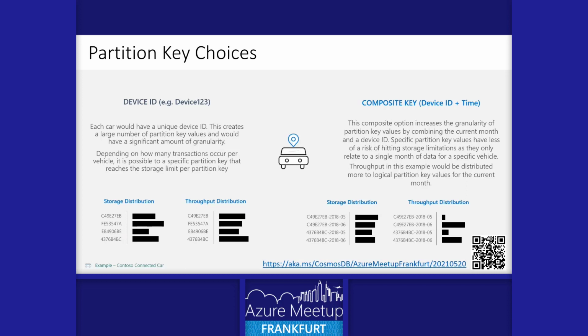But even though there is skewness, the number of logical partitions with high throughput is still very high. It means when you build the hash codes of all those logical partitions and distribute them across the physical partitions, your load will still be pretty well distributed. So the composite key or the device ID would both work pretty well from a distribution perspective.